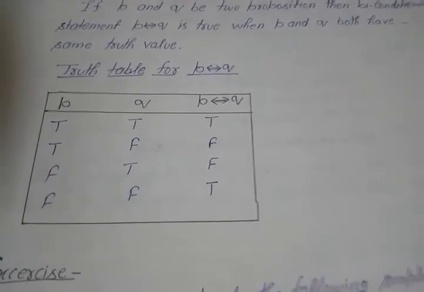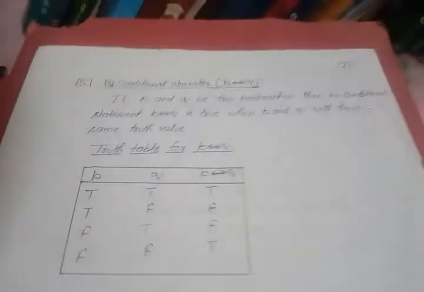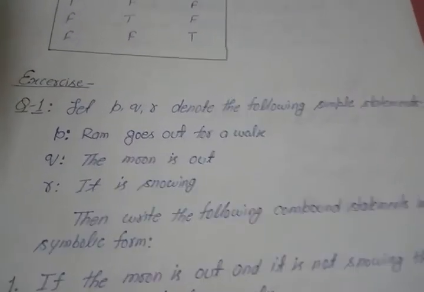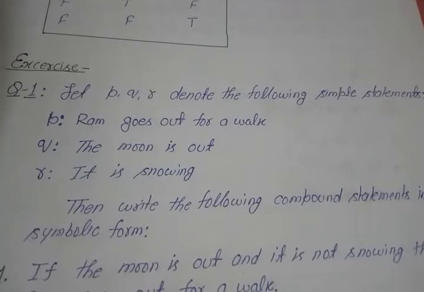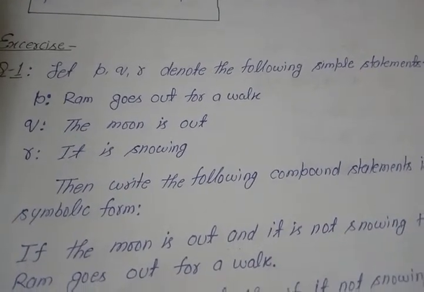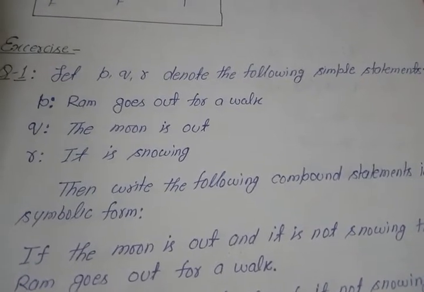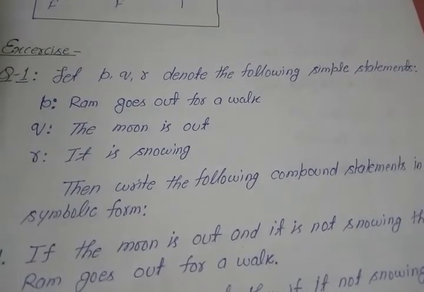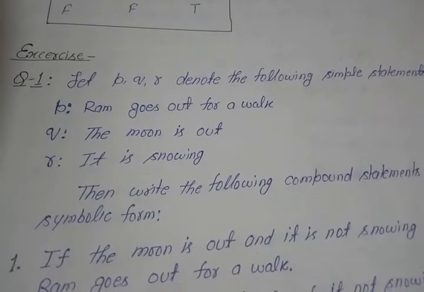Now we will use these definitions in an example given here. Here we are given three propositions P, Q, R, which are explained as: P, Ram goes out for a walk; Q, the moon is out; and R, it is snowing.